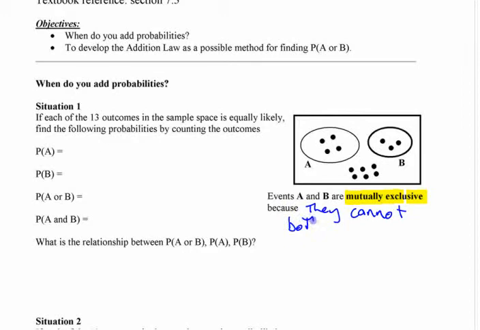Because they cannot both happen together. Be careful with the word together, I guess. Knowing that one event has happened means you know the other event cannot happen.